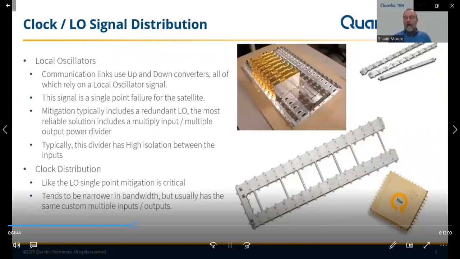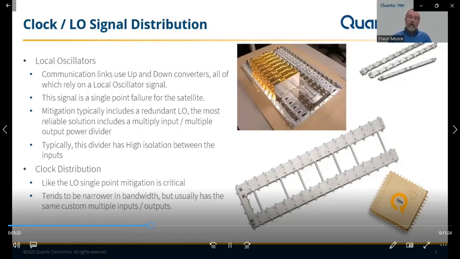TRM has built a divider combiner network that is extremely efficient, that also has no moving parts and is completely passive, which makes for a very effective system to switch between local oscillators, as opposed to using a switch, which does have a potential failure mode associated with it. The hybrid approach that TRM has taken is very robust, very reliable, and therefore a lot of customers like that approach because it increases the overall reliability of the system.